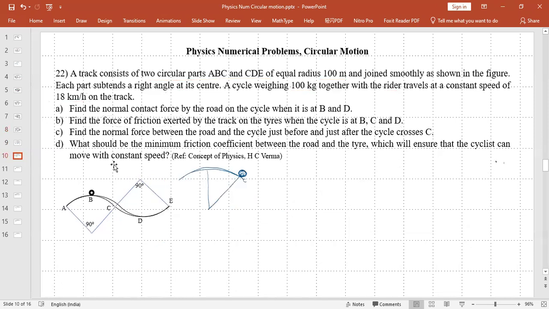In the third page, mv square by r is of course always guided towards the center. But here mg is vertically downward, and the component of mg which is acting towards the center is mg cos theta.